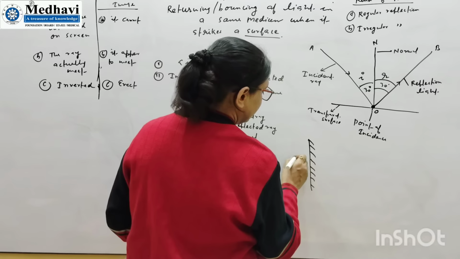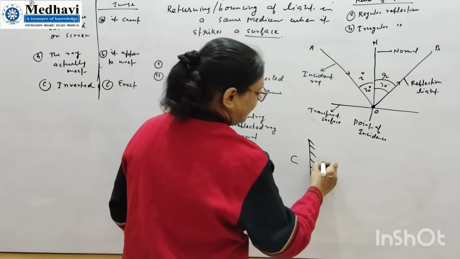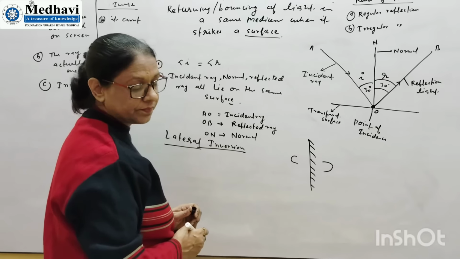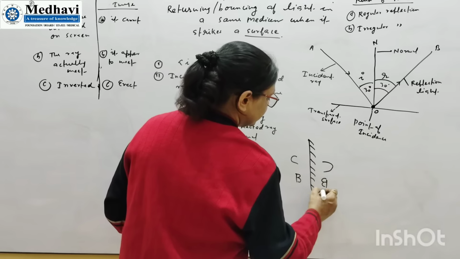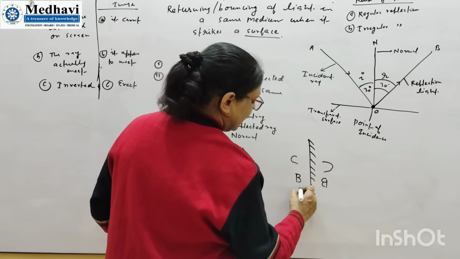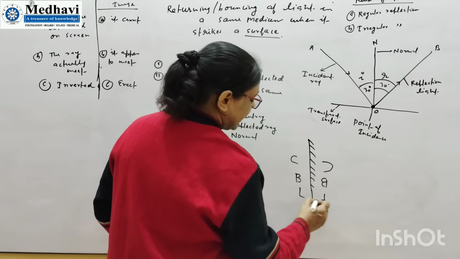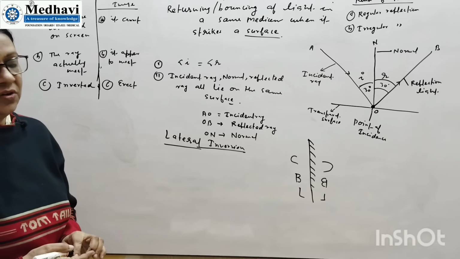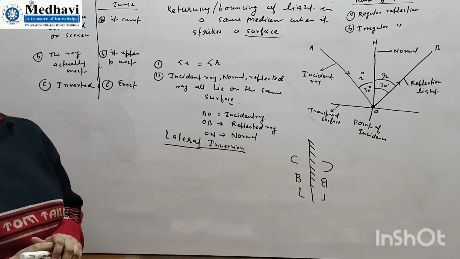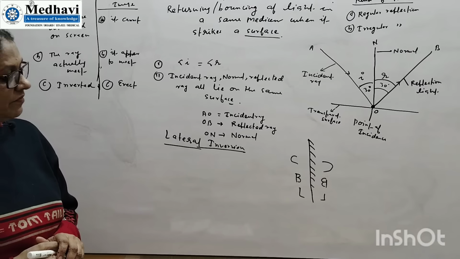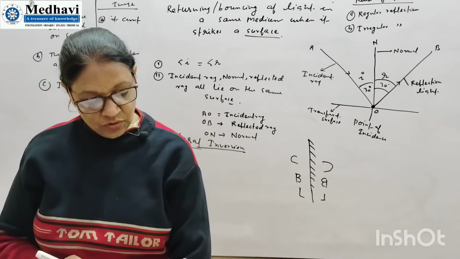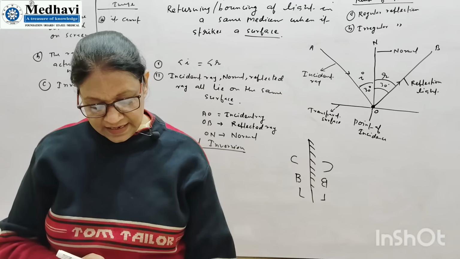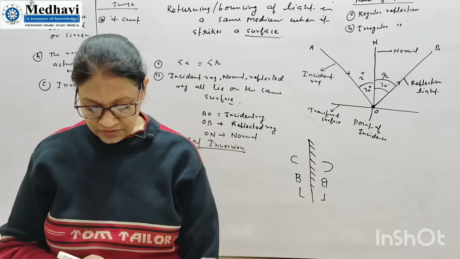If we write B, it appears like this. If we write L, it appears like this. So this is called lateral inversion. The left part appears on the right and the right part appears on the left.